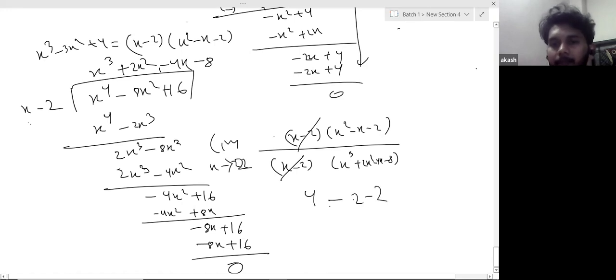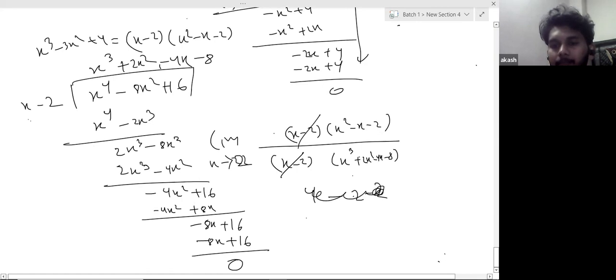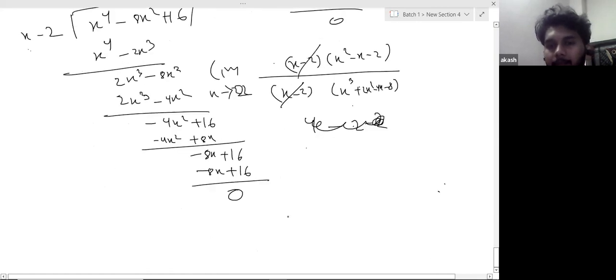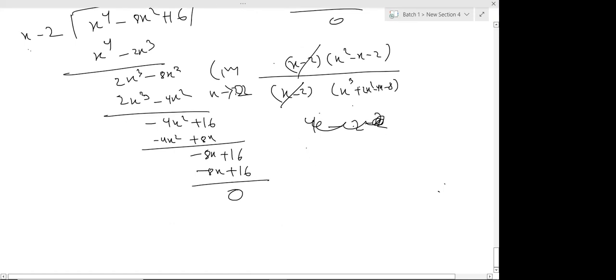Again you are getting 2 as a factor, so the answer is 0. In the denominator also it is 0. Okay, you are again getting 0 by 0, so you have to divide again. If you put the value of x equals 2, you are getting 0 by 0. So we need to again get the simplest form.